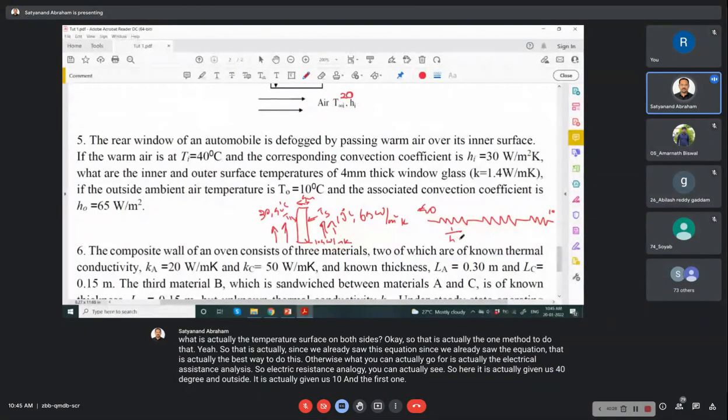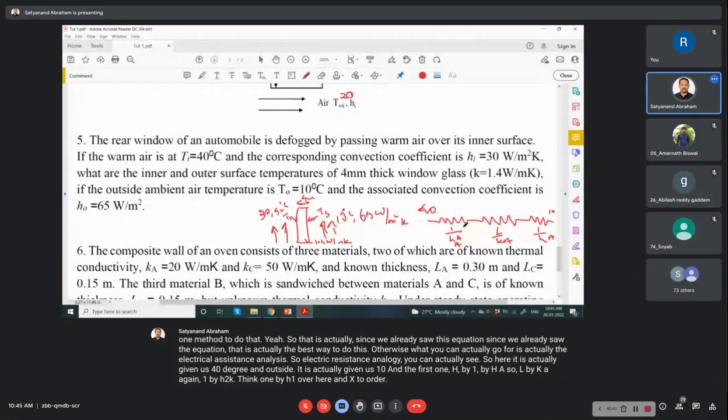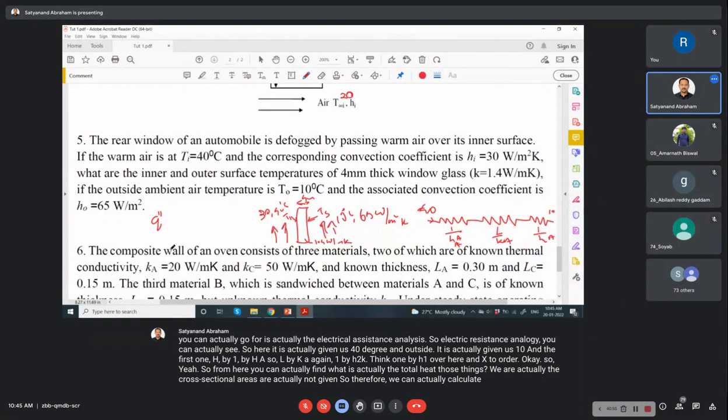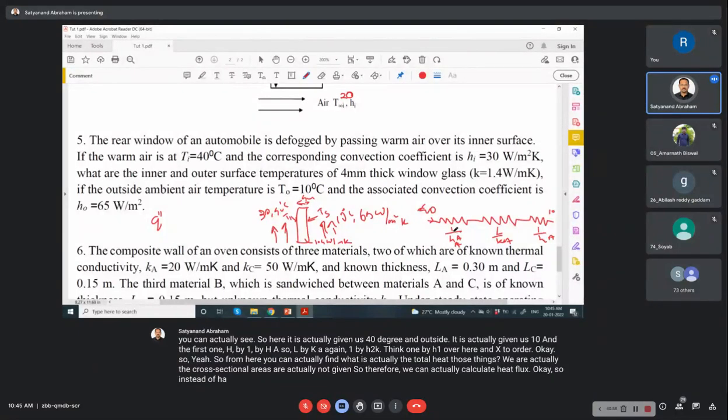The first resistance is 1 by h1 A, then L by kA, then 1 by h2 A. From here you can find the total heat. Since the cross-sectional area is not given, we can calculate the heat flux. So instead of hA, you can simply calculate h itself, and from there calculate the Q.